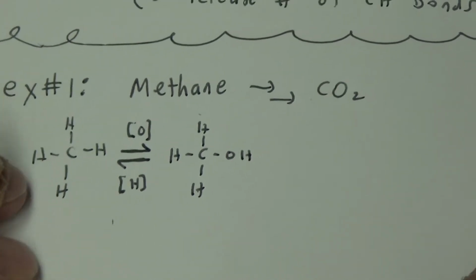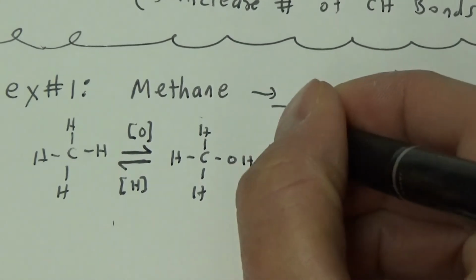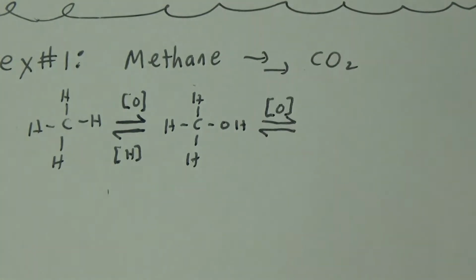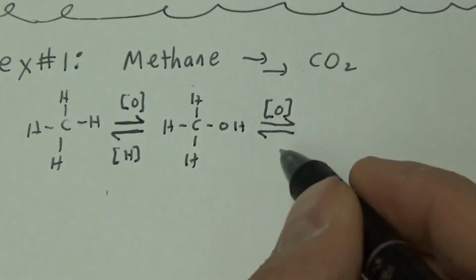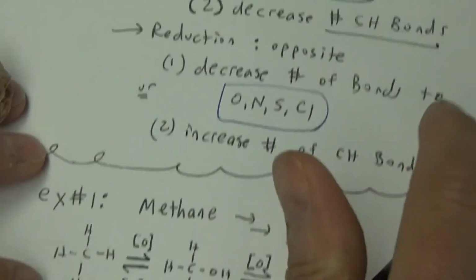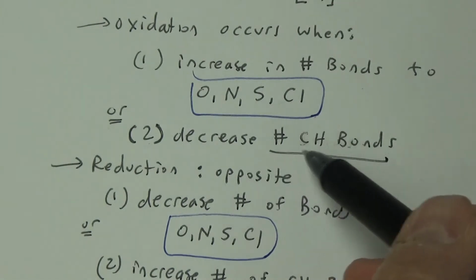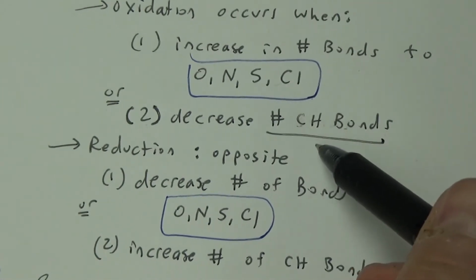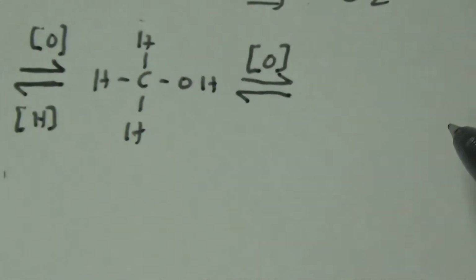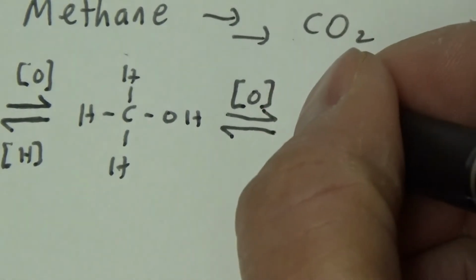Now, what would you get if you keep going? If we oxidize methanol, what would it be? Knowing the rules for oxidation, it's like increasing the number of bonds to oxygen or decreasing the number of bonds between C and H. If you oxidize methanol, you would get formaldehyde.